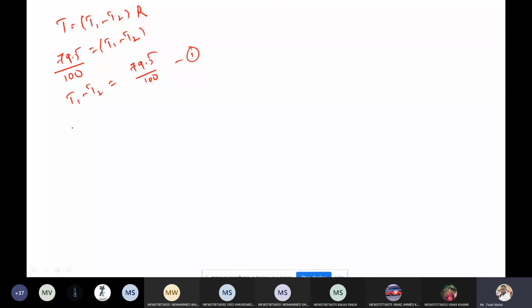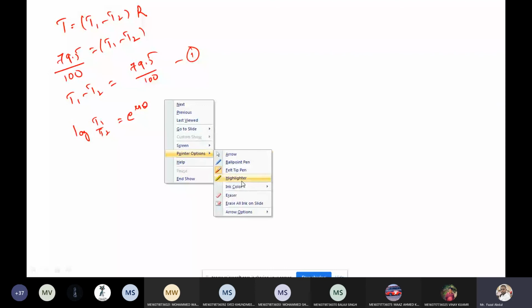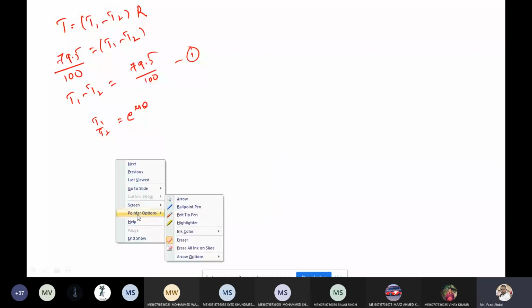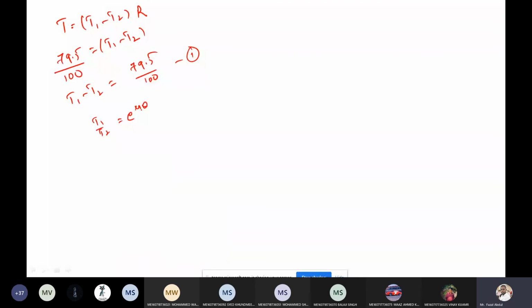Now the ratio of tension is given: T1 by T2 equals e to the power of mu theta. The theta value is given in the question as 180 degrees.